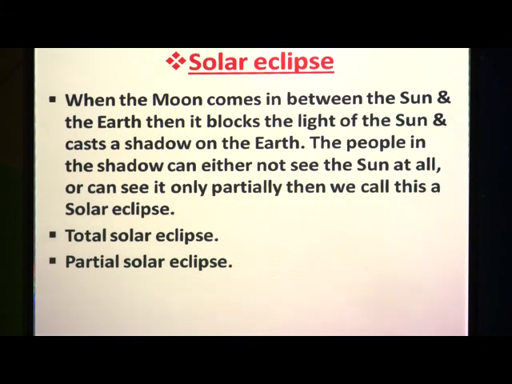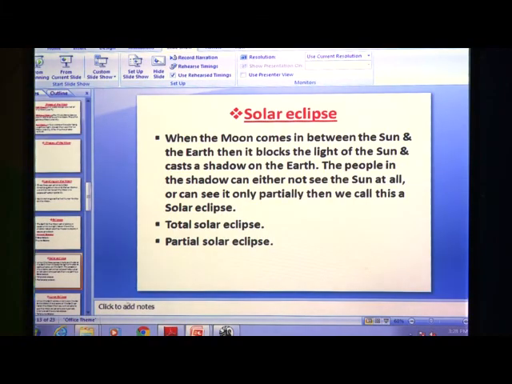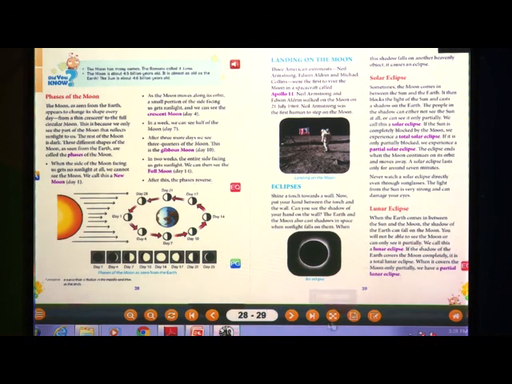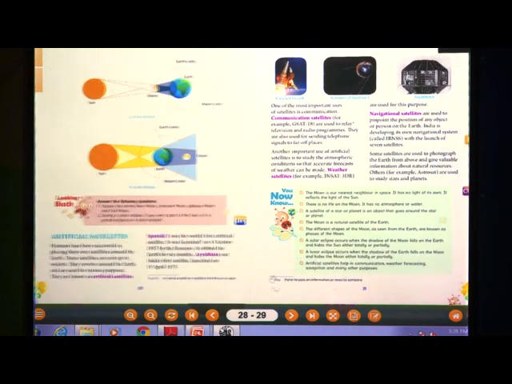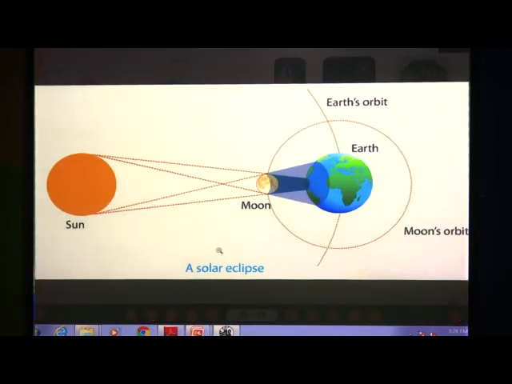Here in this picture, I will show you the image of a solar eclipse. In your textbook also you can see the solar eclipse. This is the sun, this is the moon, and this is the earth. When the moon comes in between the sun and the earth, from that picture you can get a clear idea about the solar eclipse.